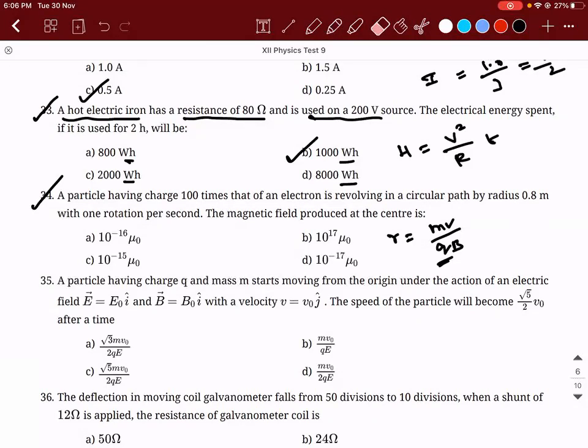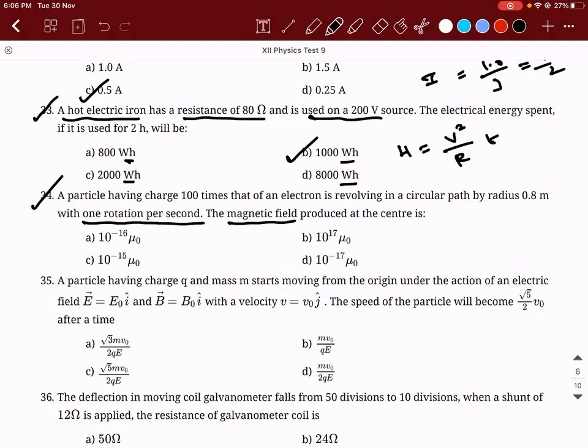But you cannot apply this. Why? They are asking what is the magnetic field produced at the center. The magnetic field produced at the center is because of some current.